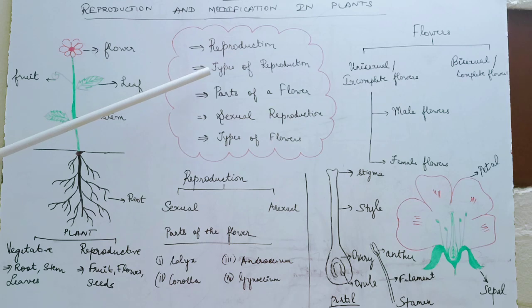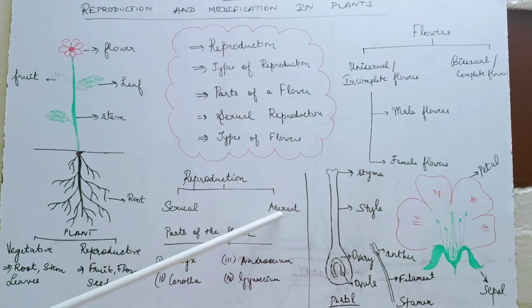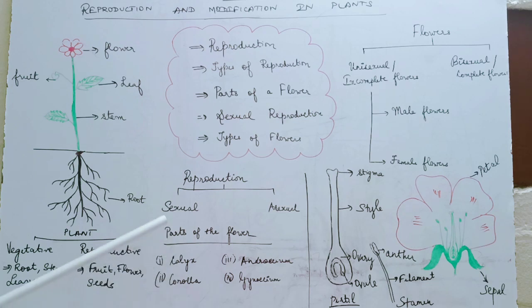Next, types of reproduction. There are two types of reproduction, sexual reproduction and asexual reproduction. The process by which plants are produced from the seed is sexual reproduction.